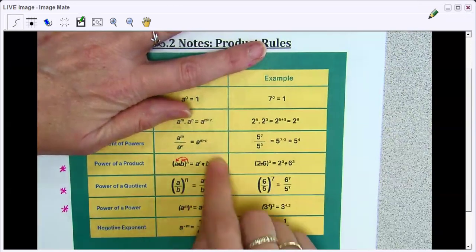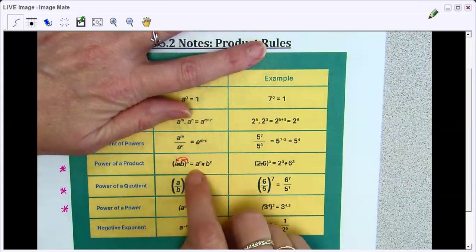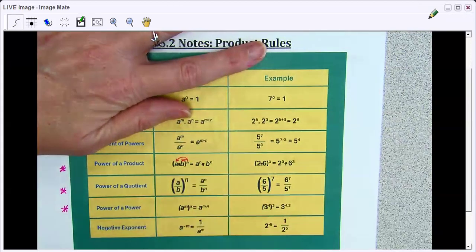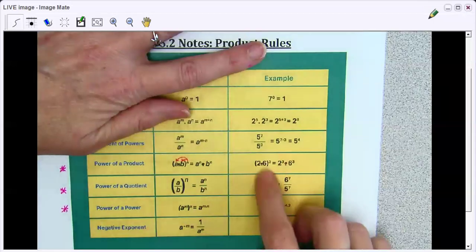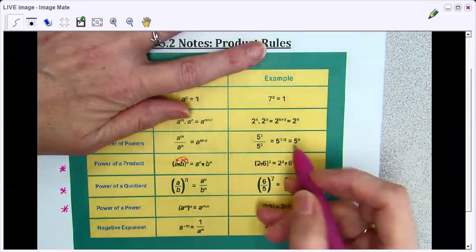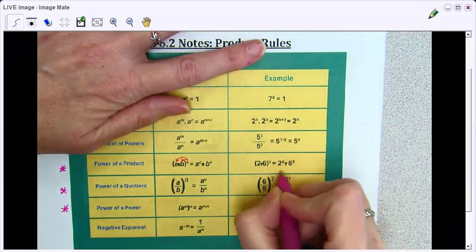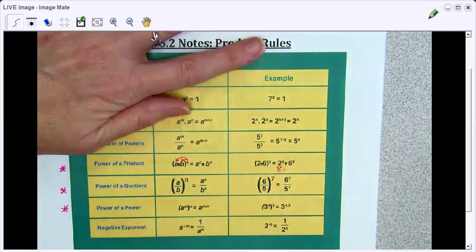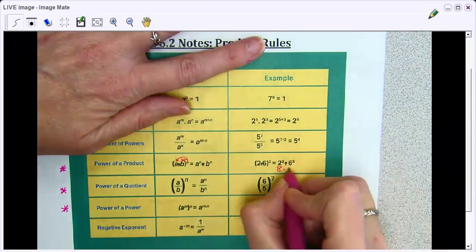Now, we can't do anything further with this because the bases are not the same. So we leave it like that. Over here, because we're dealing with numbers, we could multiply that out. We know that 2 cubed is 8. And then 6 cubed is, let me plug it in really quick, 36 times 6 is 216.